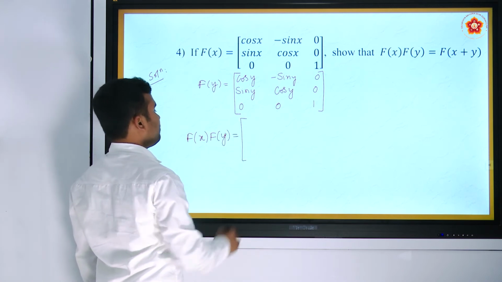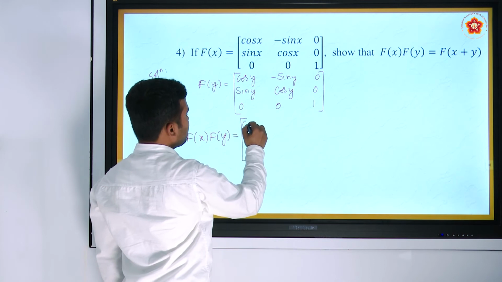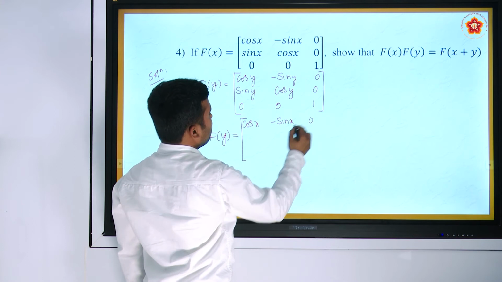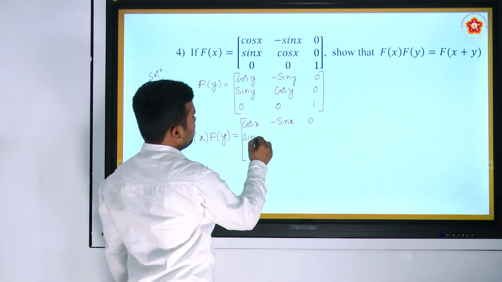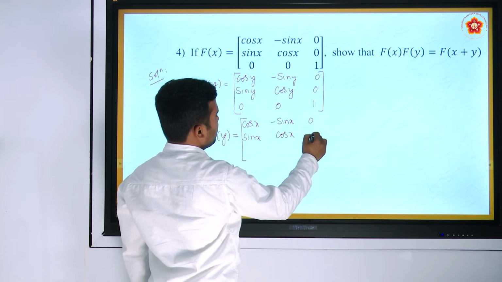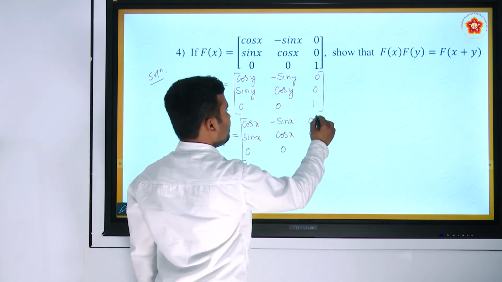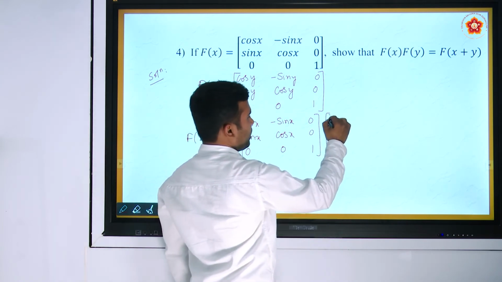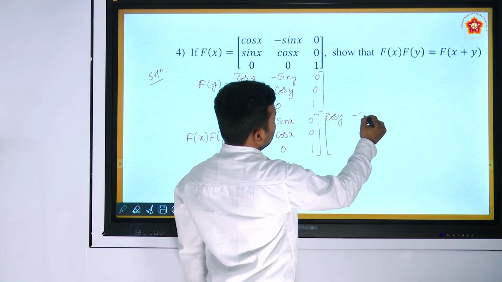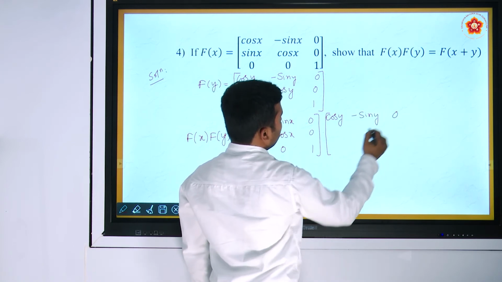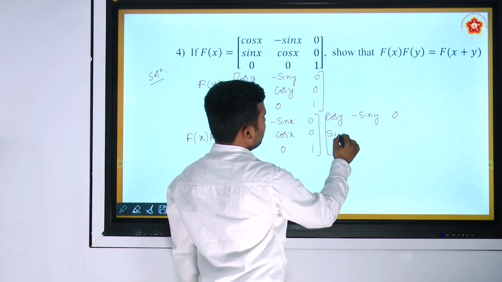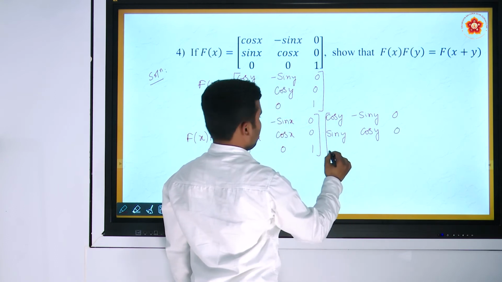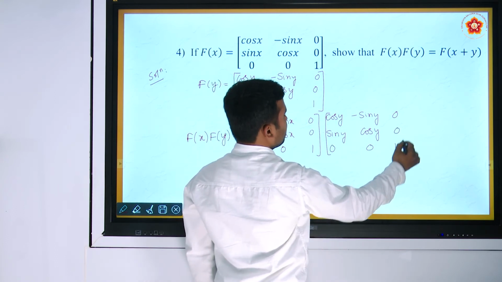This is equal to f of x, which is cos x, minus sin x, 0, sin x, cos x, 0, 0, 0, 1, into f of y, which is cos y, minus sin y, 0, sin y, cos y, 0, 0, 0, 1.